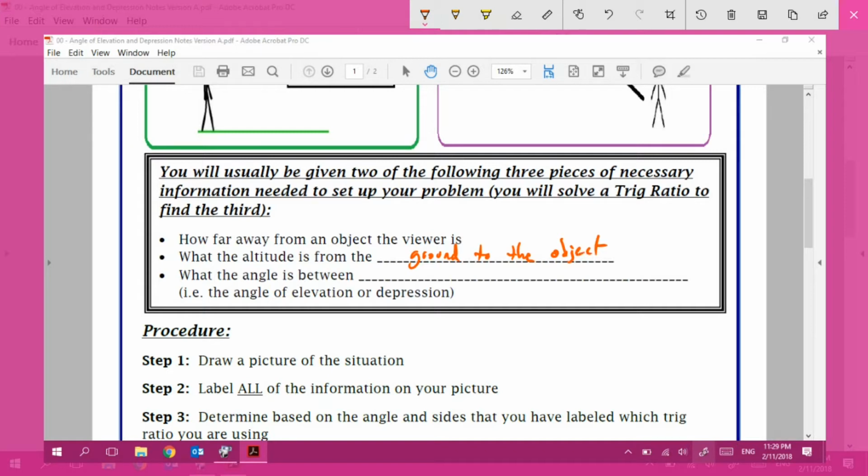And then three, the third possible thing you'll be given is what the angle is between the horizontal line and the line of sight. And i.e., that is the angle of elevation or the angle of depression.